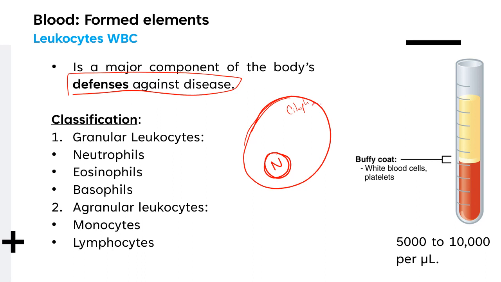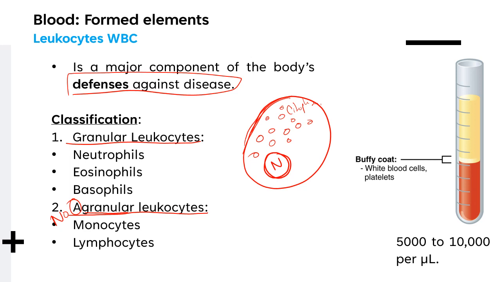So depending on the type of white blood cells, some of these white blood cells will have granules in the cytoplasm. So we can divide the white blood cells that have granules, those are granular leukocytes. The white blood cells that do not have granules are agranular leukocytes. So A for no, and granular, granules.